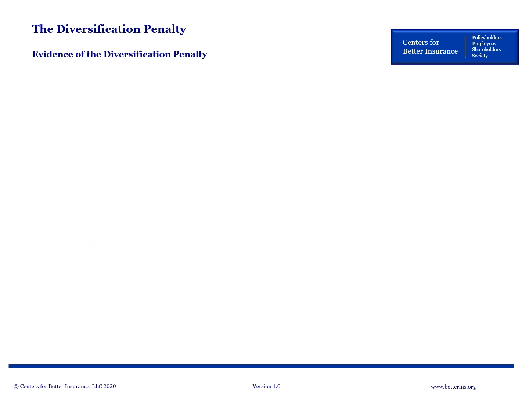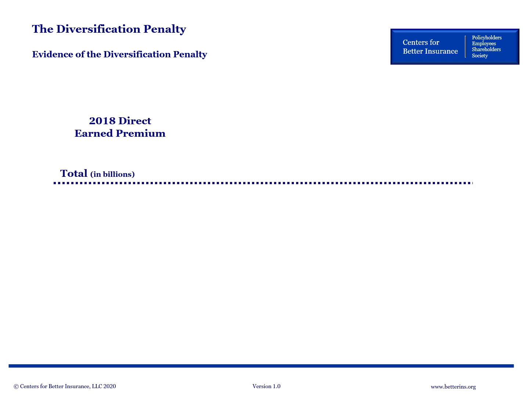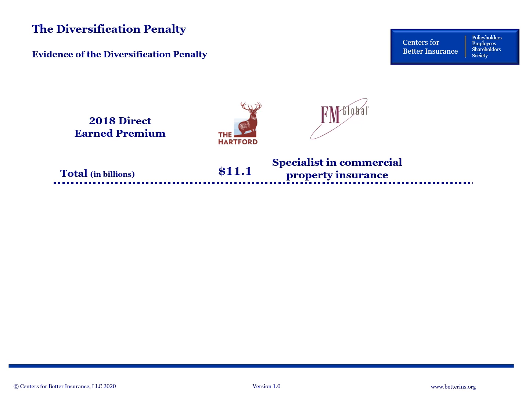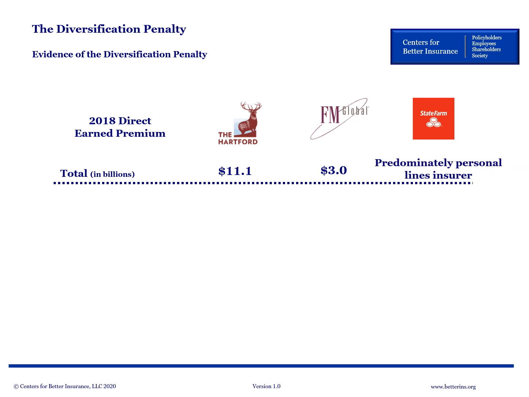Let's see how this disconnect plays out by looking at three very different insurance companies. The Hartford is a national P&C insurer with a diversified portfolio, roughly in line with the overall market. FM Global is a commercial property specialist. State Farm is the market's behemoth, but with a surprisingly small footprint in commercial insurance.